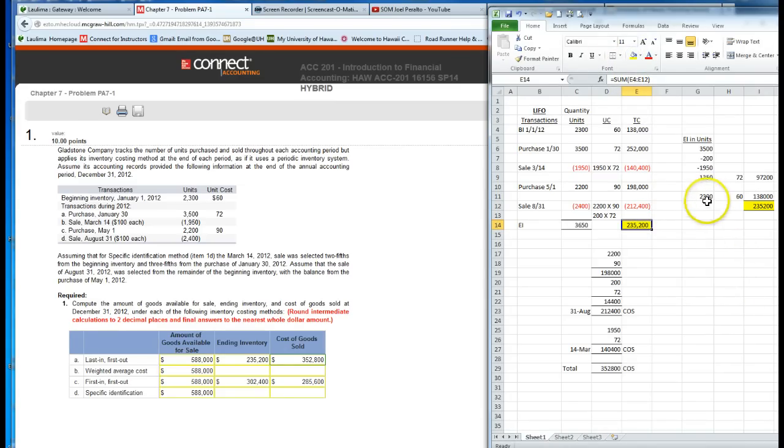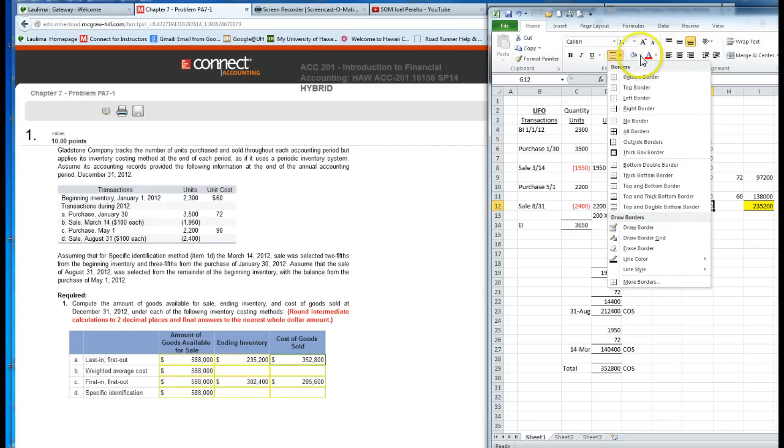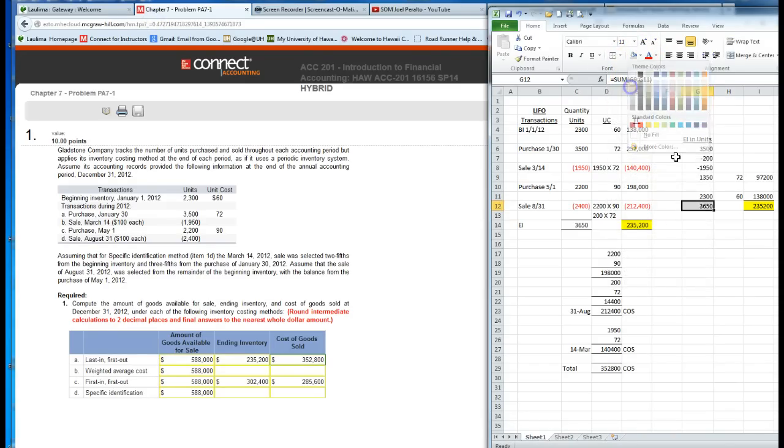And same for the units here. We could also do the same thing if we added the units in the ending inventory. Here we go. And we can see that units as well as dollars are in agreement for our calculations.